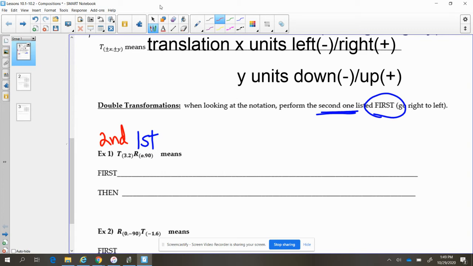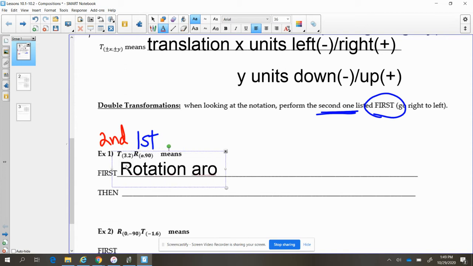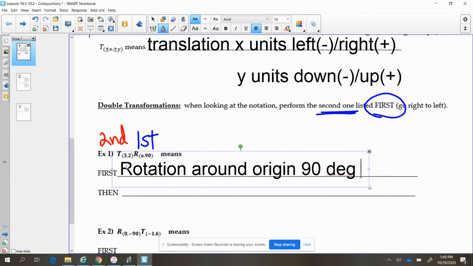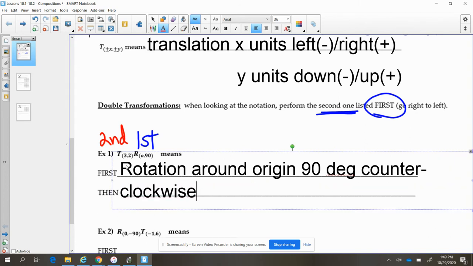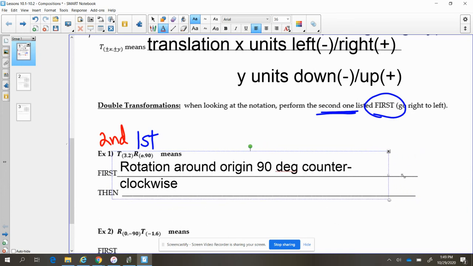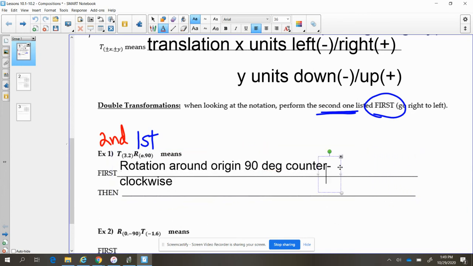The first thing that we would be performing in this particular one is the rotation around the origin, 90 degrees counterclockwise. That's our first one here. We're rotating 90 degrees counterclockwise.